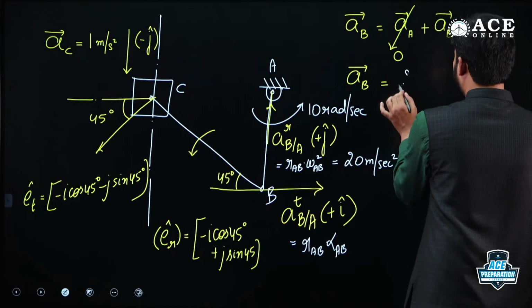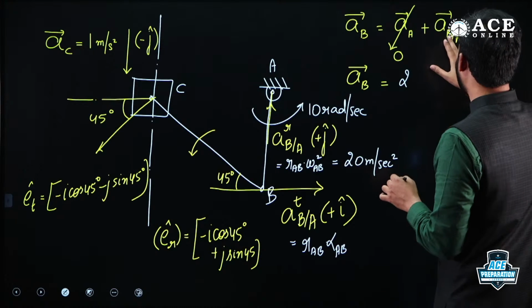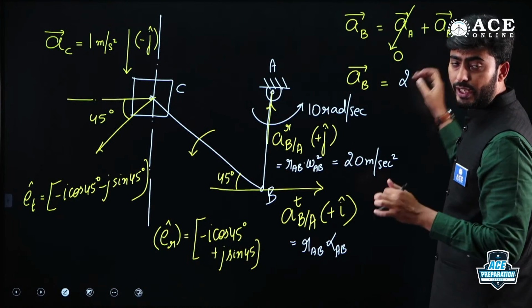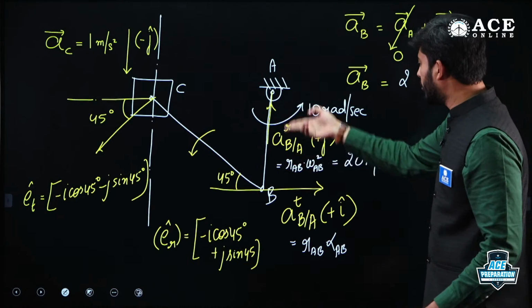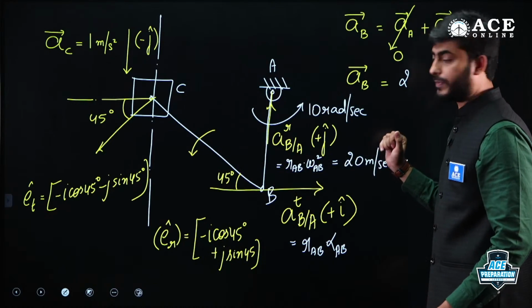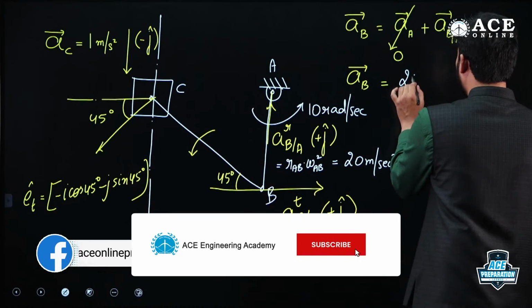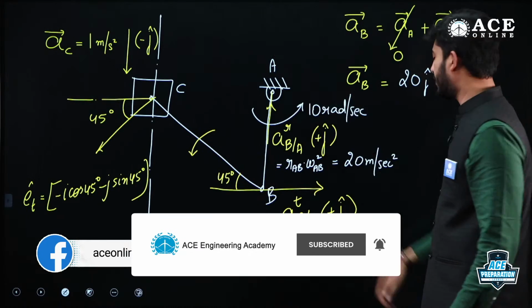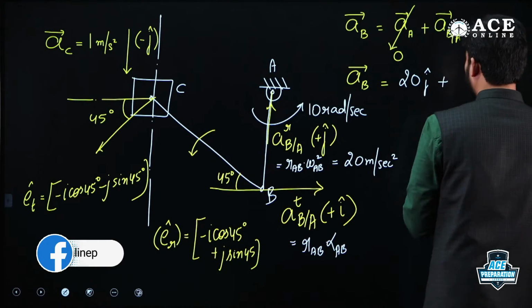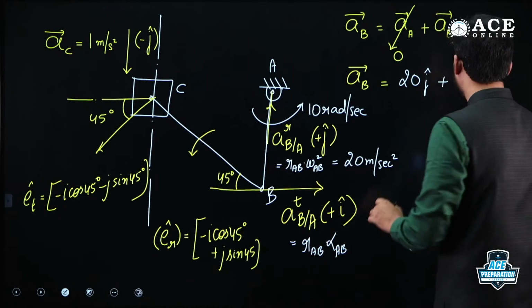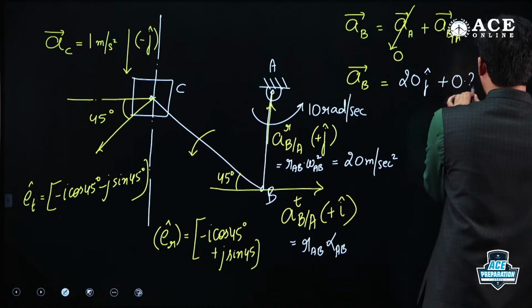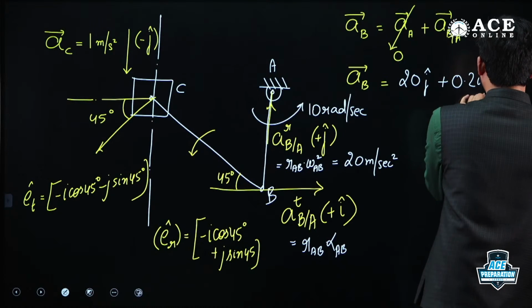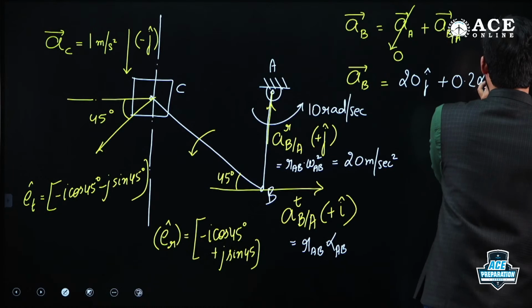So acceleration of B relative to A will have two components, one radial and one tangential. Radial is 20 j cap, in the positive j direction. Next is plus 0.2 alpha AB in the i cap direction.